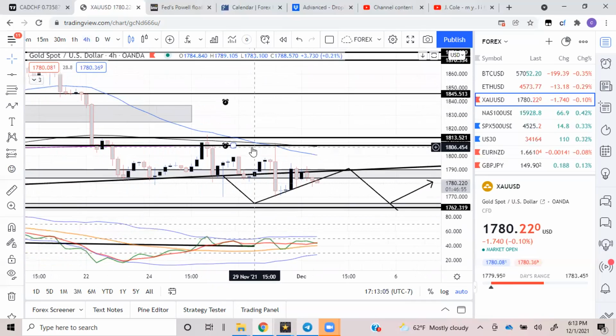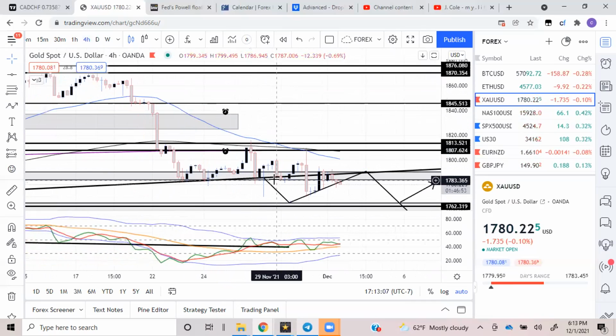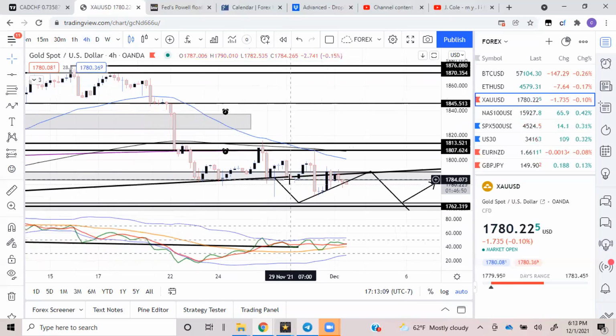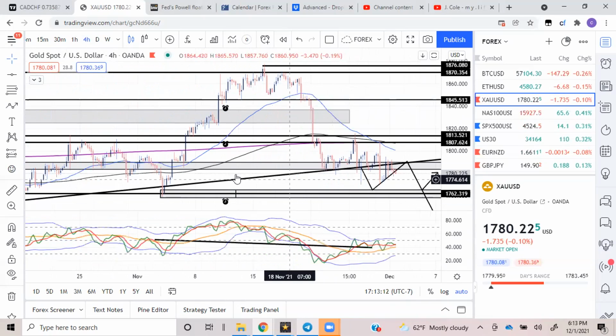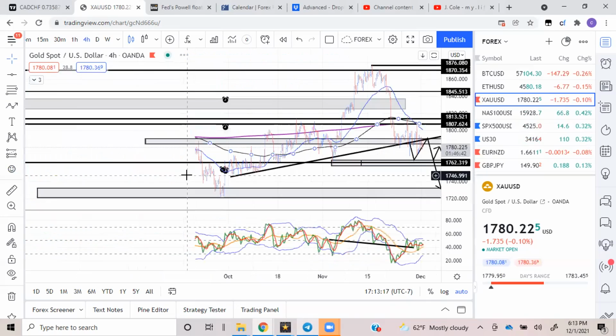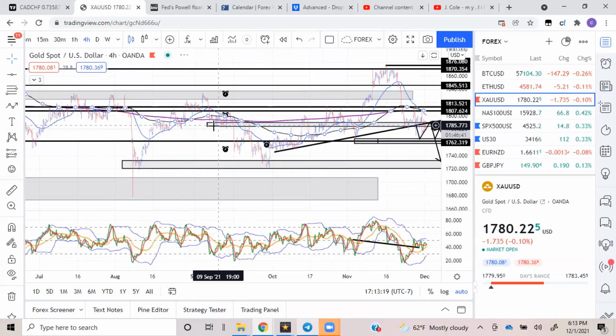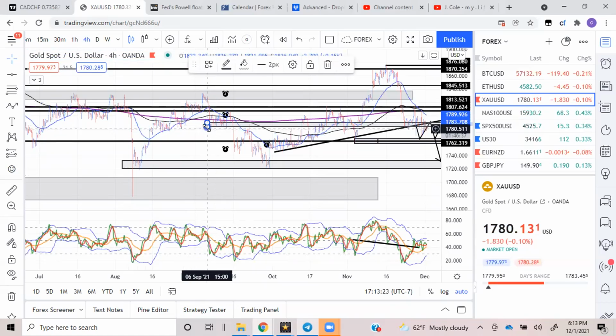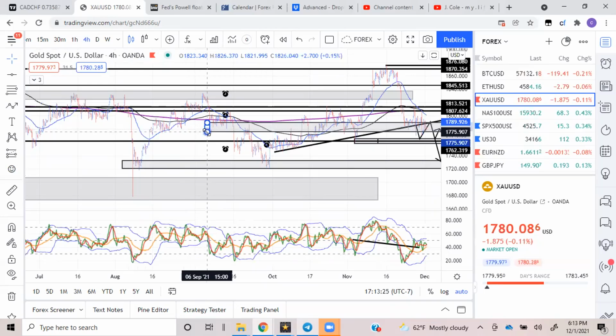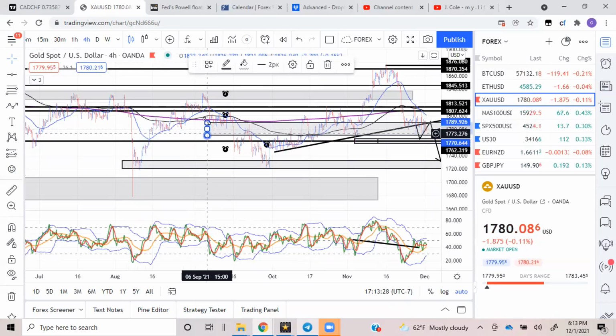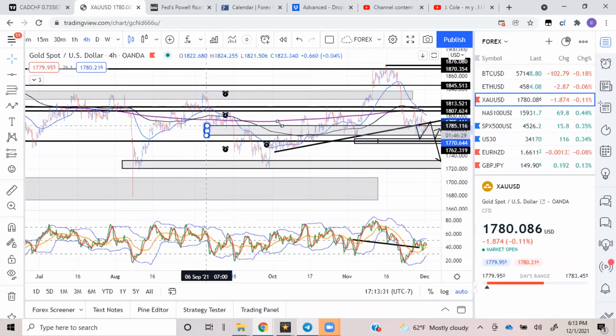I'm just looking for, I can expand this a little bit. So let's expand this down to the bottom of this wick, and let's drop this down to here.